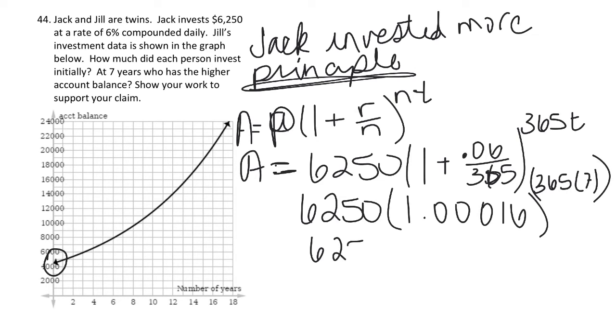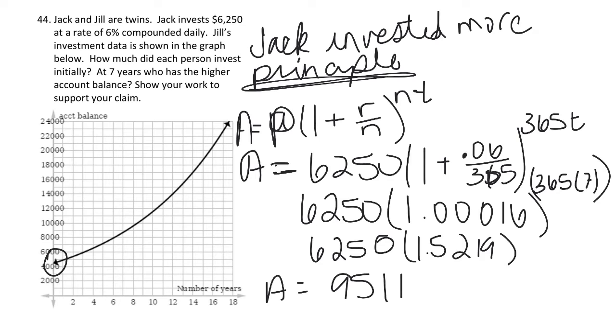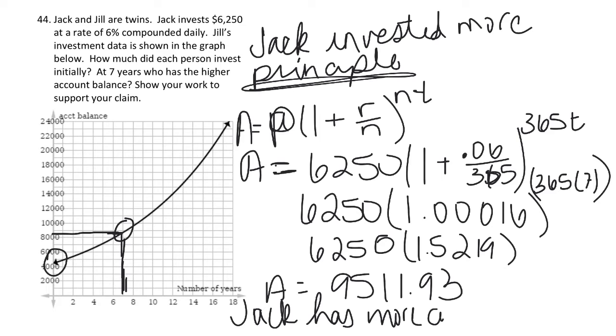And so $6,250 times 1.5219. Jack has $9,511.93 after 7 years. And after 7 years, it looks like Jill has, this is about there, under $9,000. So Jack has more after 7 years.